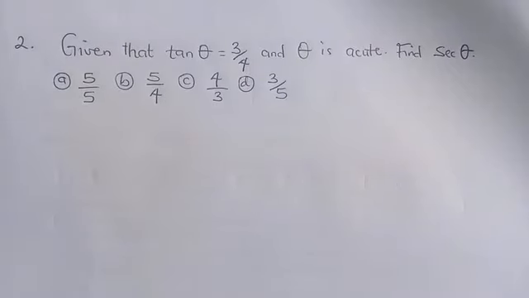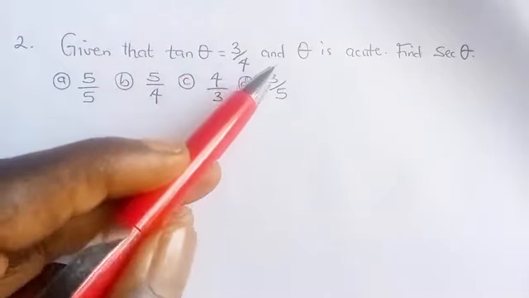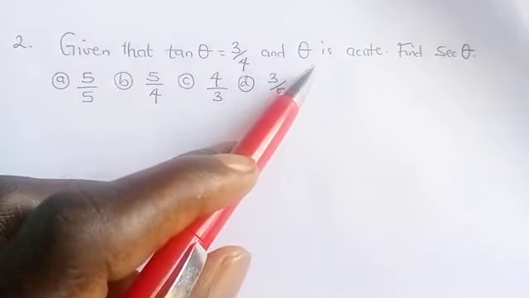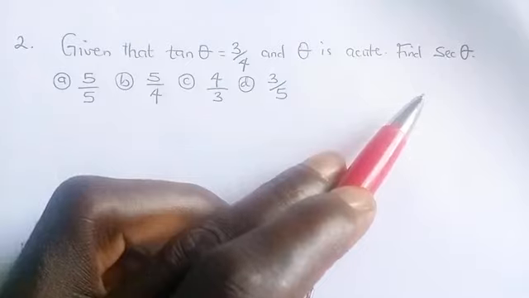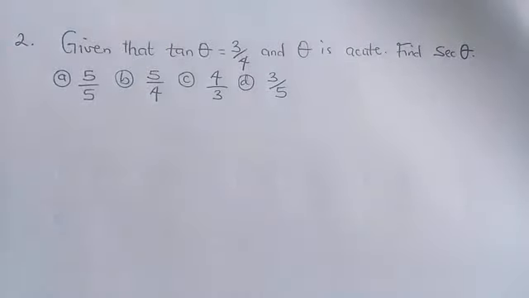The second question here says, given that tan theta is equal to 3 over 4 and theta is acute, we have to find sec theta with these options. So the first thing we need to do is to bring in a right angle triangle.